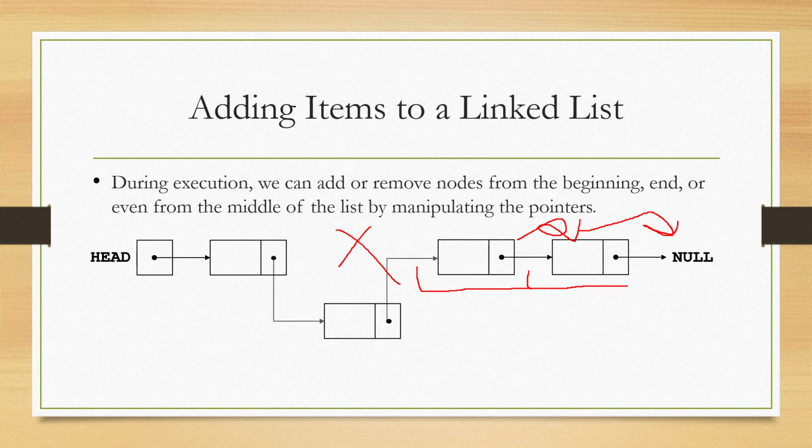So let me show you guys that. Let's erase this. So I detached the pointer and attached it to this new node I want to add. And this new node's pointer needs to be attached to the temporary node I set up so that I can continue on the linked list.